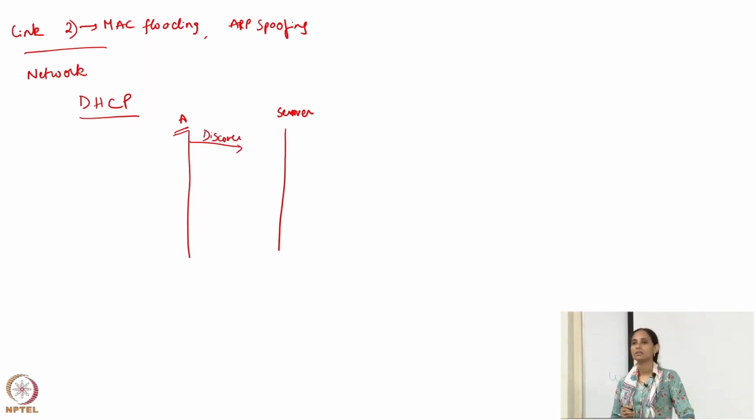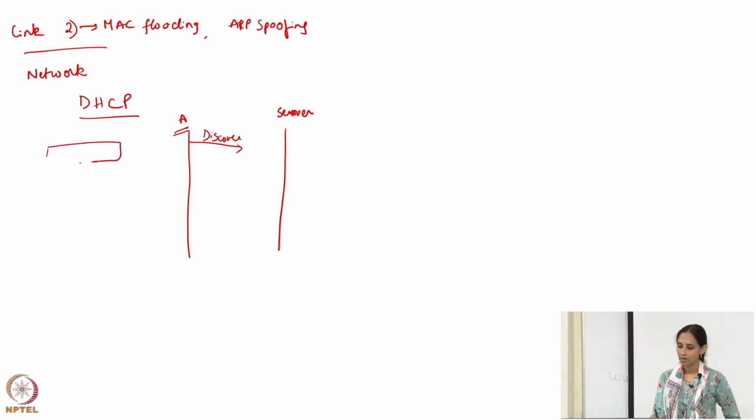DHCP is an application layer protocol which uses UDP, but let's focus on the network layer. In the network layer, the source IP, what will A put?